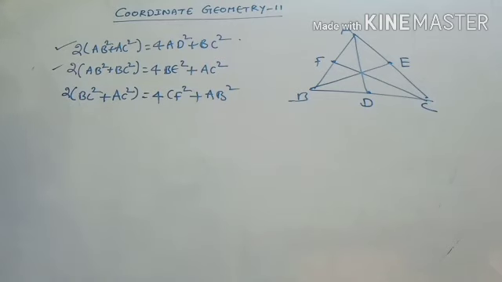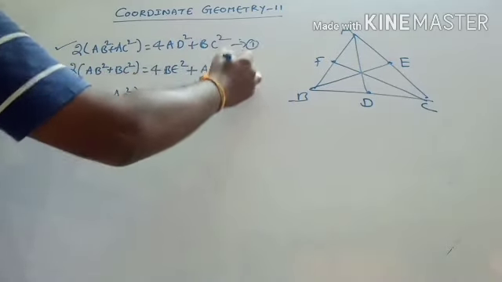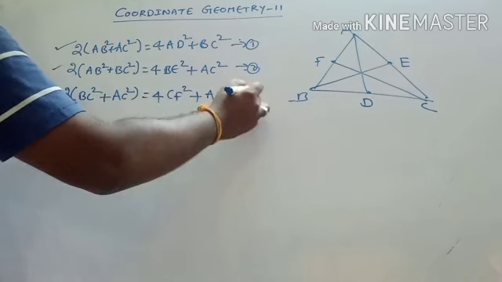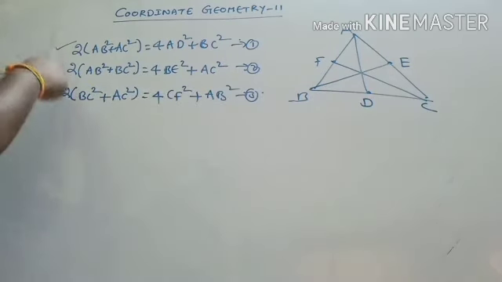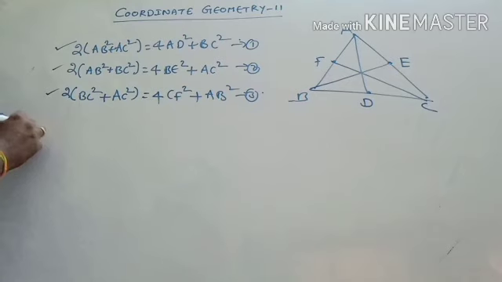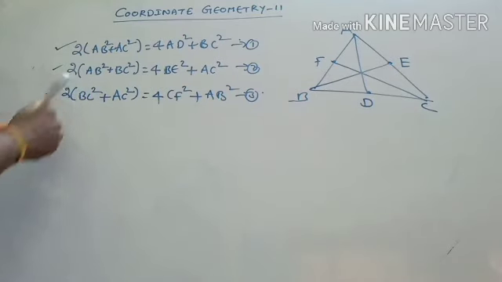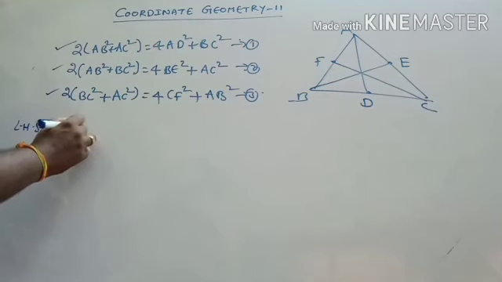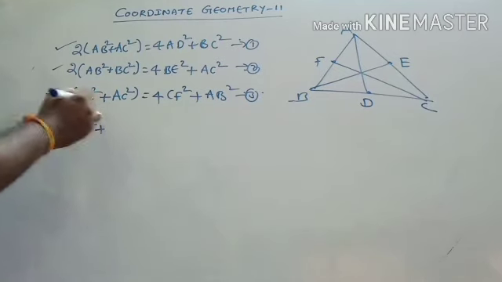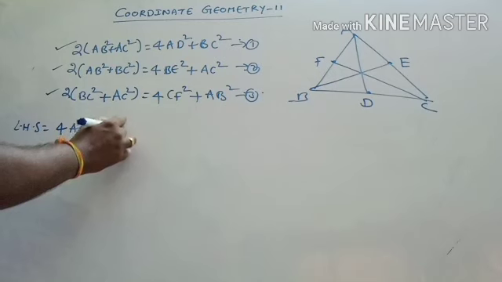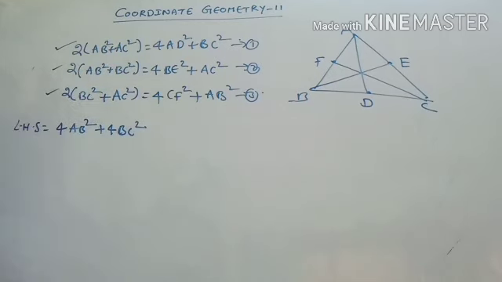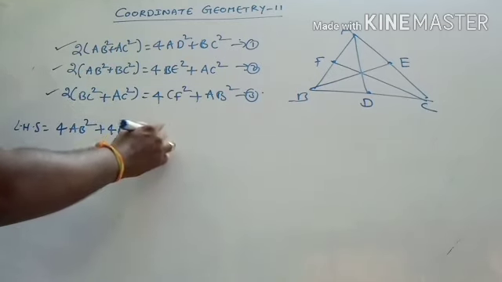Now my dear students, how are we going to proceed? Let us add all these equations, equation number 1, 2 and 3. If we add all the left hand sides separately, you are going to get 2AB square plus 2AB square, totally 4AB square, plus 4BC square, this BC square and this BC square, and 4AC square.